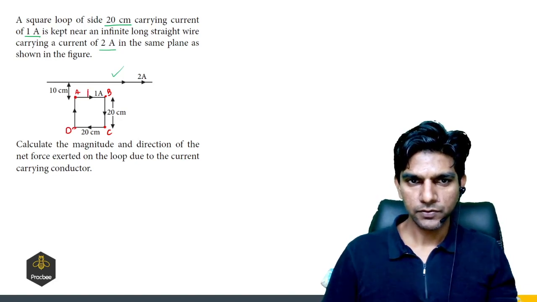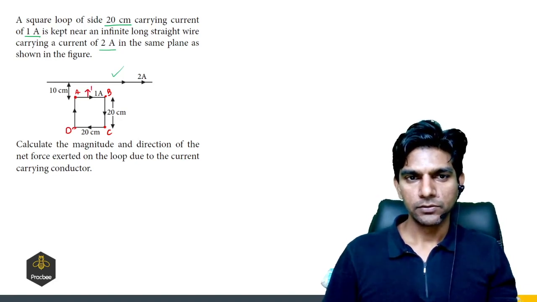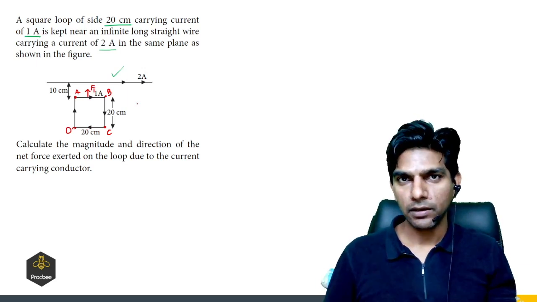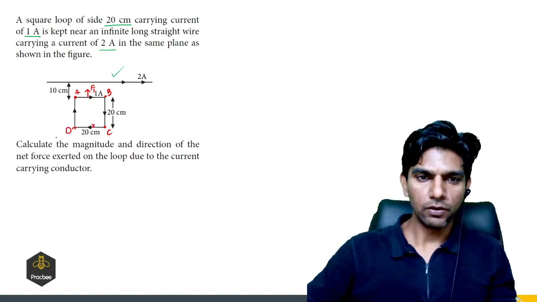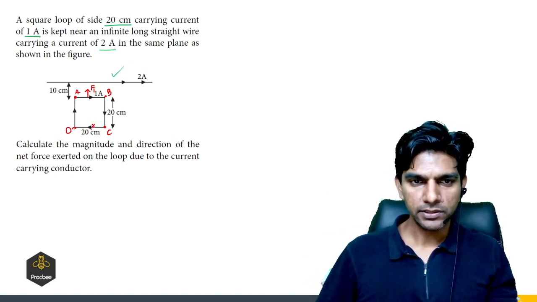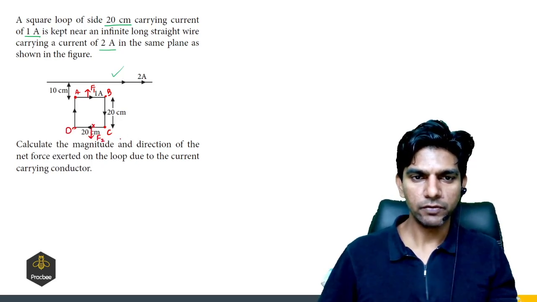So it will experience force in this direction, right? So let me call this force F1. And when we have anti-parallel current, at this location the magnetic field will be into the plane. So L cross B is in the downward direction. So on this section, the force will be in the downward direction. So this will be F2.